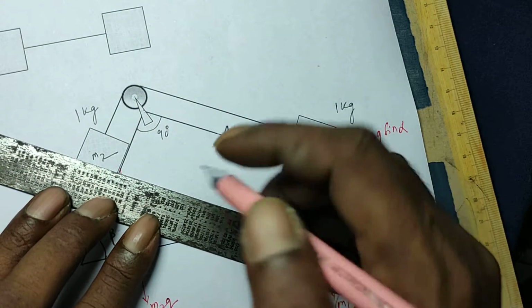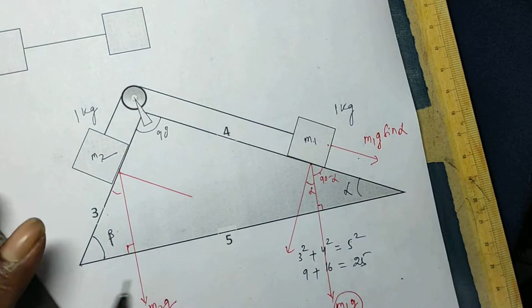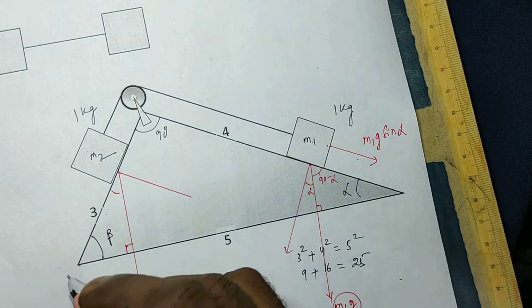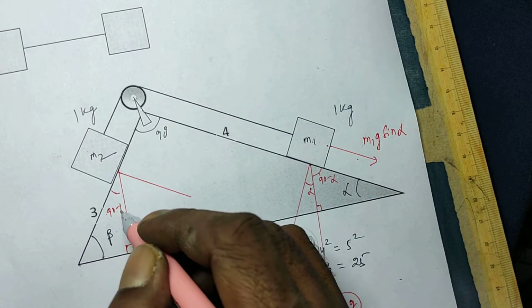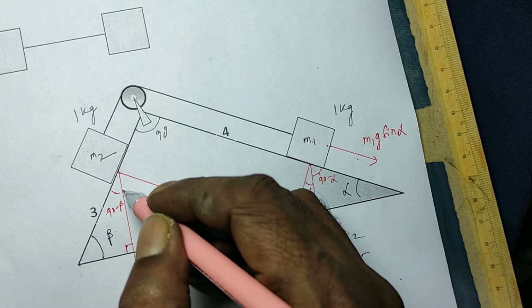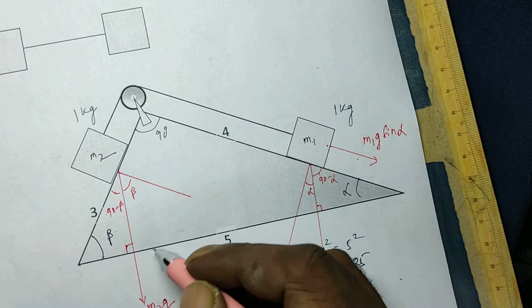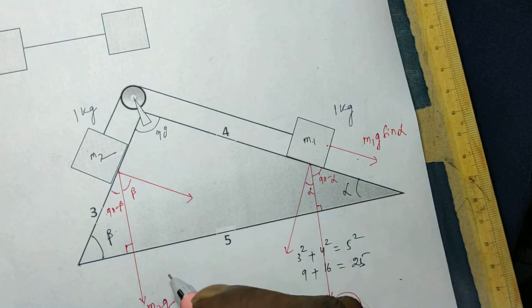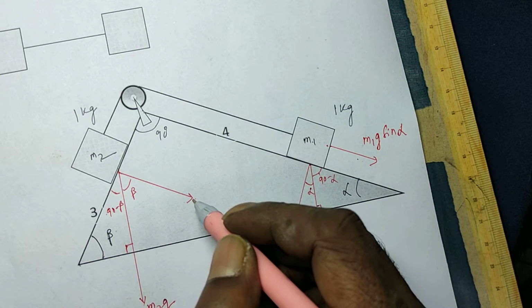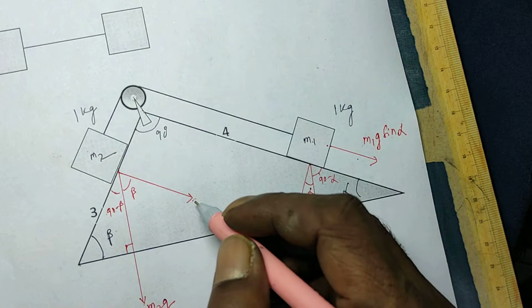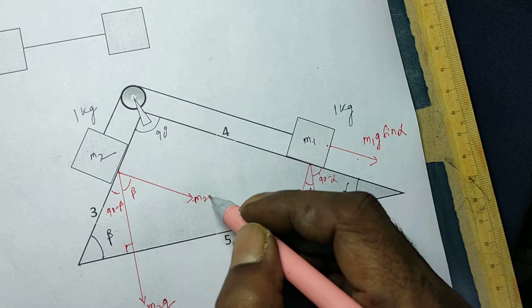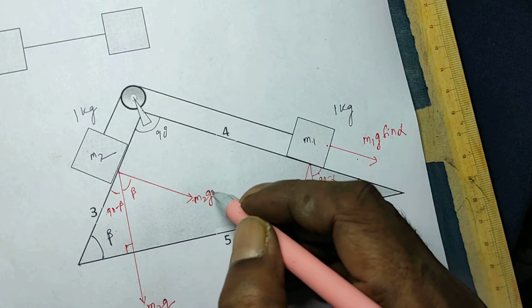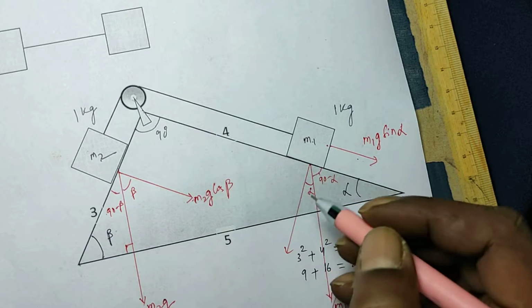Similarly here, this is beta, this is 90, so this is your 90 minus beta. This is already discussed in previous problems. Therefore this is beta to make this 90. So this one will be, I am not interested in this because the surfaces are smooth, but still let me write it, M2g cos beta.